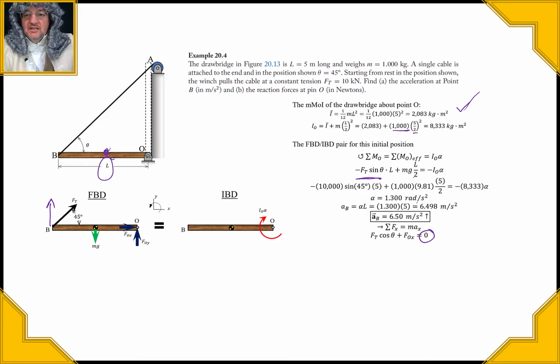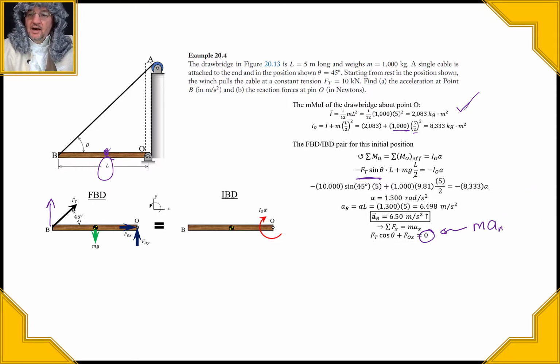If there had been some velocity, we would need to add in mass times the normal acceleration, because remember, that would be v squared over rho. But since there's no velocity going on right now, the normal acceleration is zero.